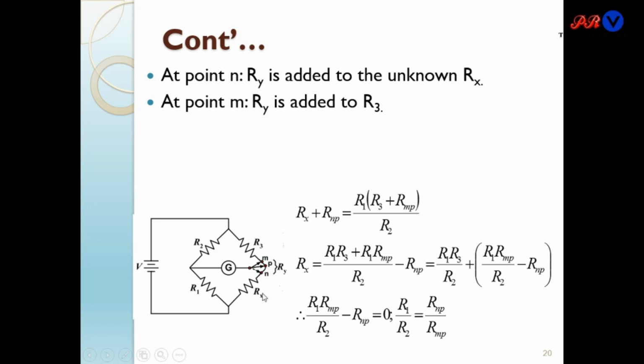We know that the product of opposite arms of the Wheatstone bridge must be equal, that is R2 Rx is equal to R1 R3, but here Rx becomes Rx plus Rnp if our lead is at point N. This becomes R2 (Rx plus Rnp) equal to R1 (R3 plus Rmp) if our lead is at point M.